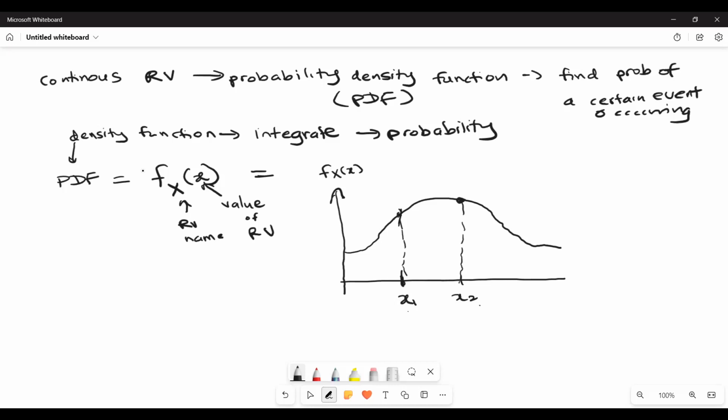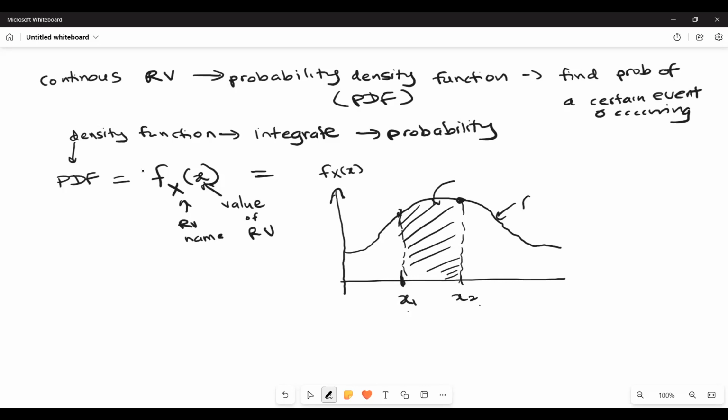So I have to find the integration between these 2 points. Once I find the integration, I can get the value of this area, and by finding the value of this area, I can find the probability of this event occurring.